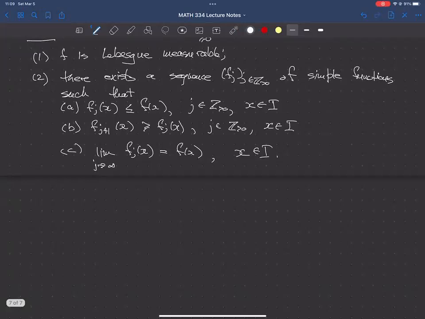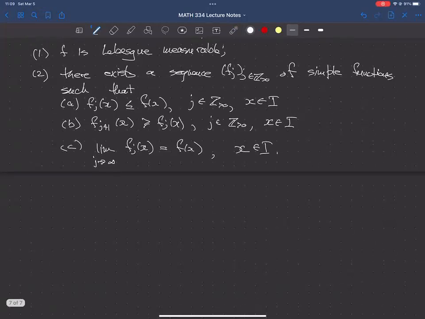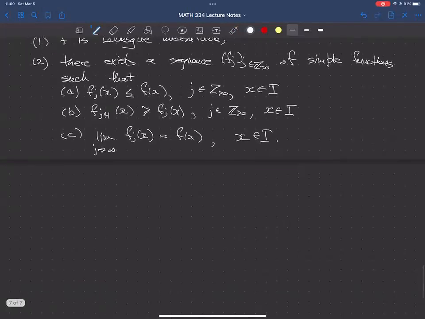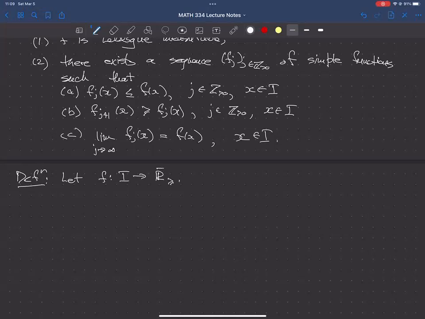Okay, so now we can actually define the Lebesgue integral. First we define the integral for non-negative extended real valued functions.